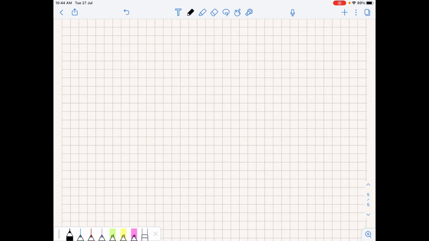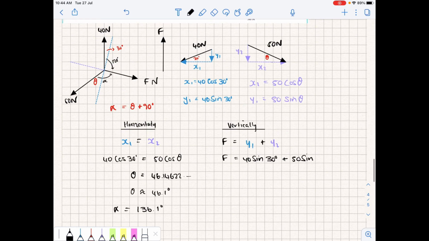Theta is our 46.1 degrees solved in the horizontal component. Now, when you plug in that value, make sure you use the exact value from your calculator. If that means having to go back and recalculate theta to get the exact answer, remember with trigonometry, even the smallest decimal place can make a big difference to the final answer.